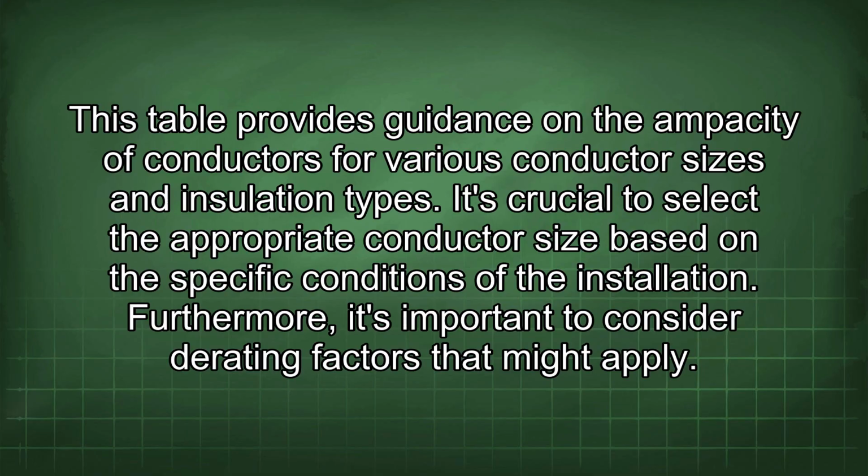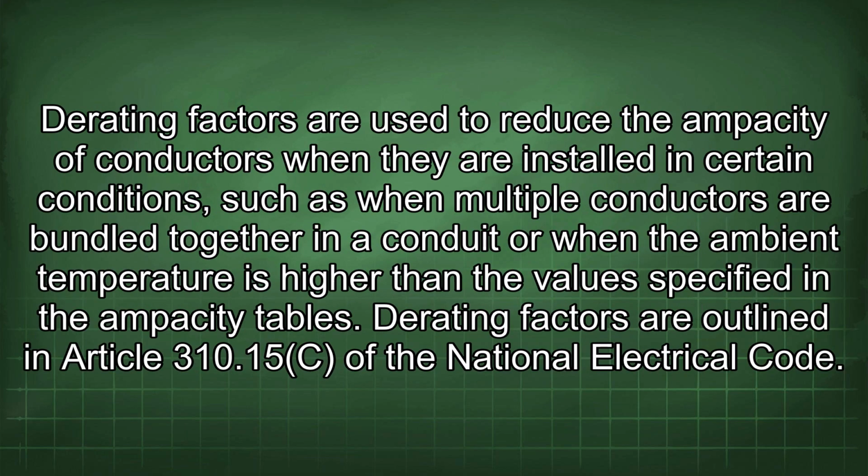Furthermore, it's important to consider derating factors that might apply. Derating factors are used to reduce the ampacity of conductors when they are installed in certain conditions, such as when multiple conductors are bundled together in a conduit or when the ambient temperature is higher than the values specified in the ampacity tables. Derating factors are outlined in Article 310.15(C) of the National Electrical Code.